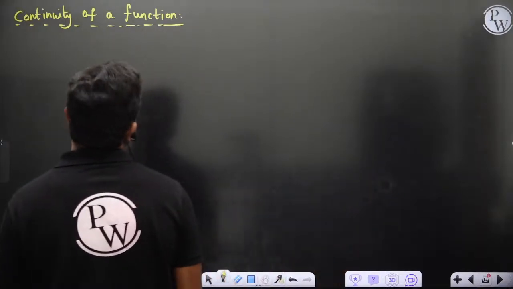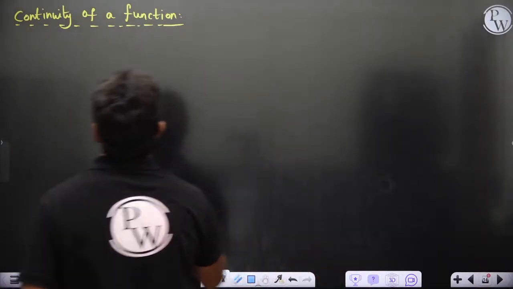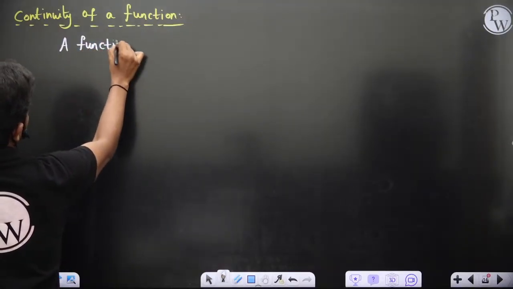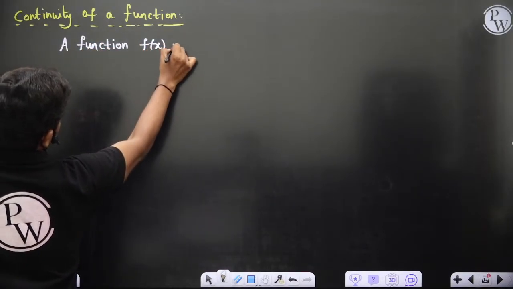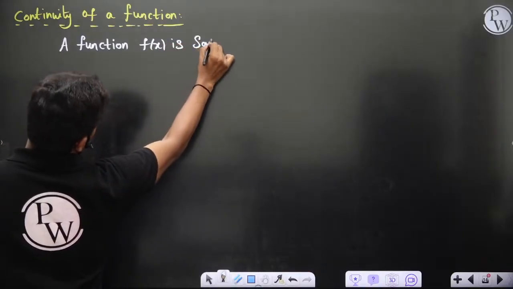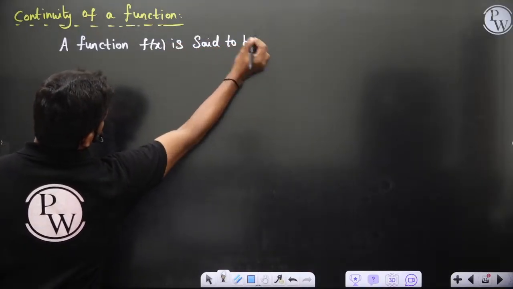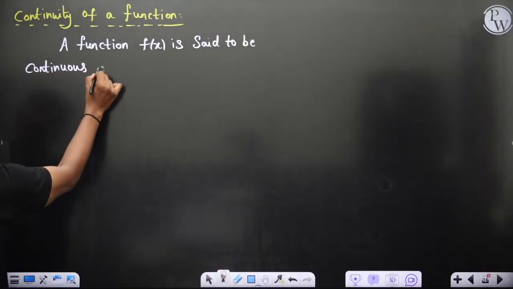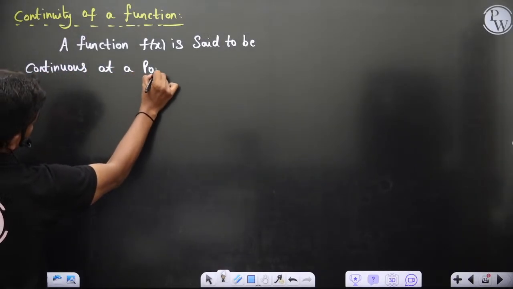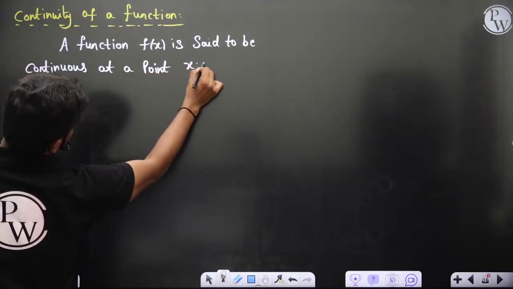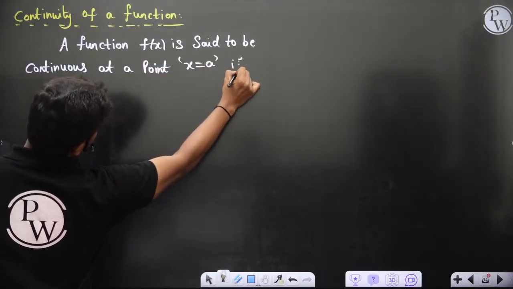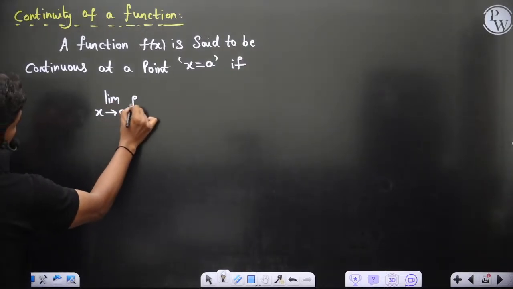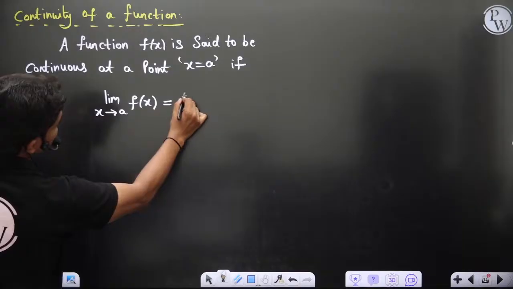See carefully. Many of you might have studied this definition. A function f of x is said to be continuous at a point x equal to a if limit x tends to a of f of x is exactly equal to f of a.